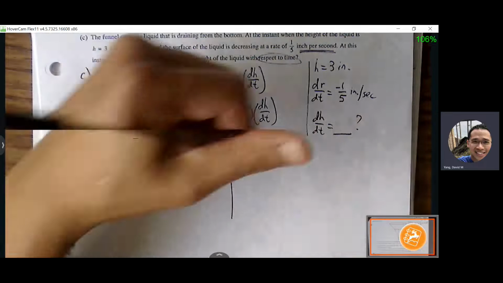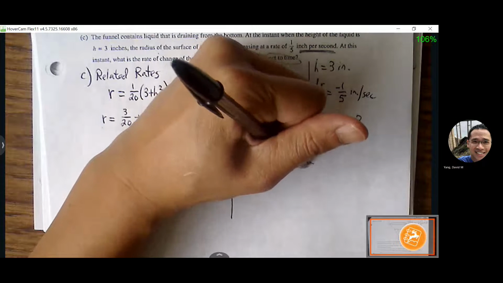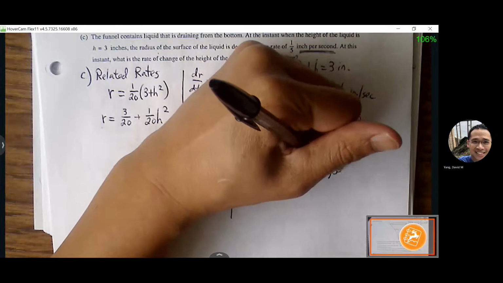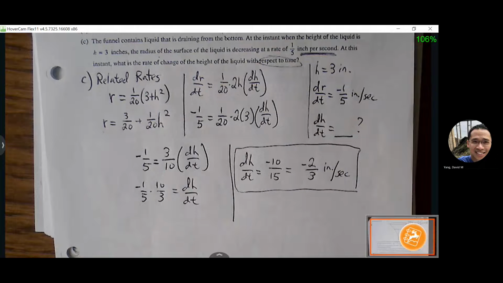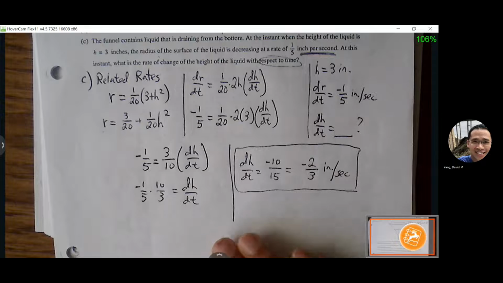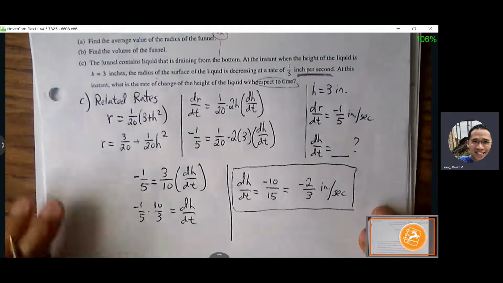Negative 10 over 15 reduces to be negative 2/3 inches per second. Good. All right, last one here, number 6.